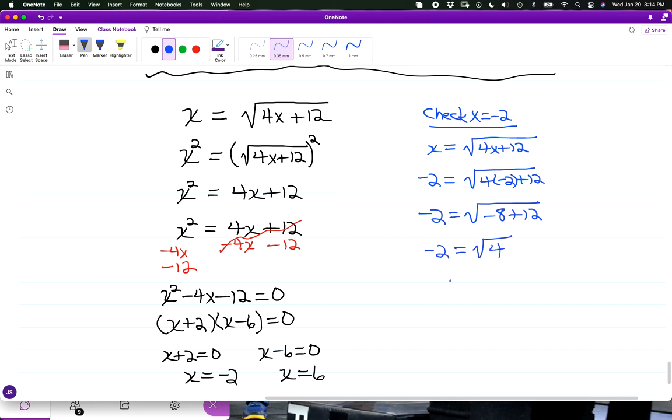And guess what? The square root of 4 is going to be 2. And we're trying to say that negative 2 is equal to 2, so that is going to be false. With negative 2, you already have the violation of the principal square root rule. So negative 2 is going to strike out.